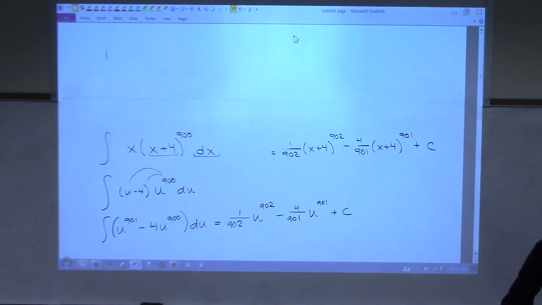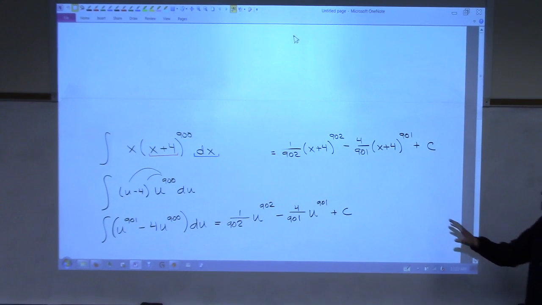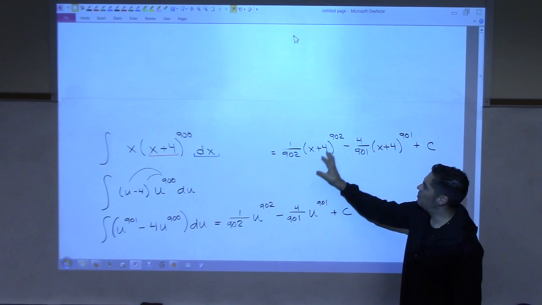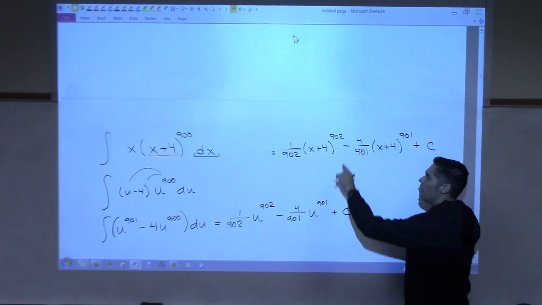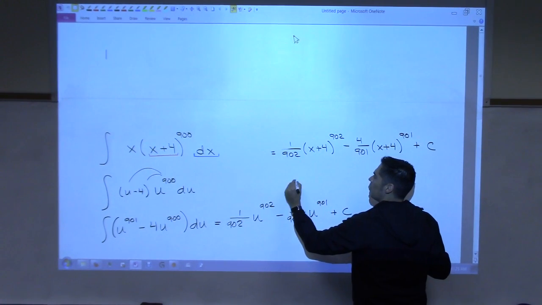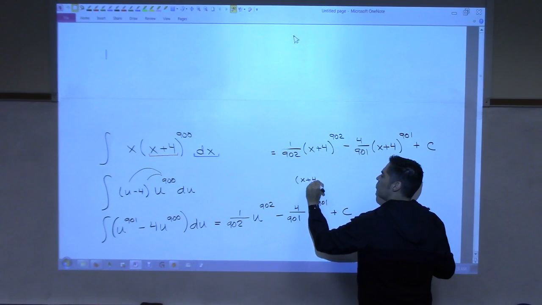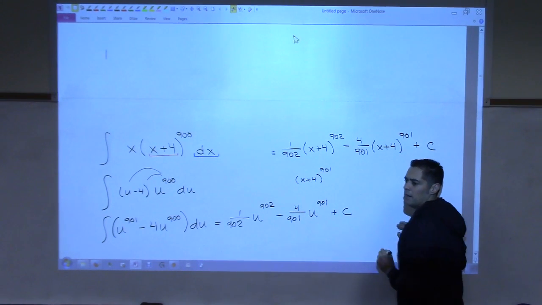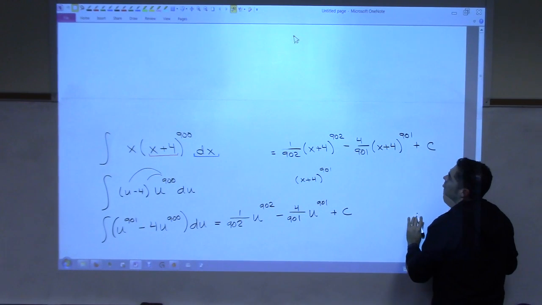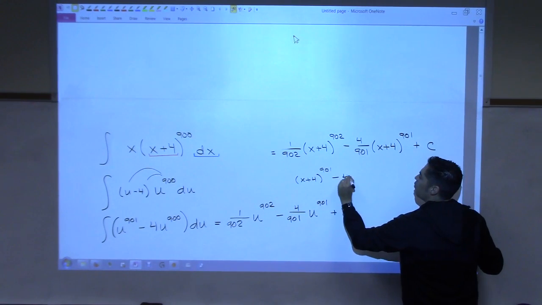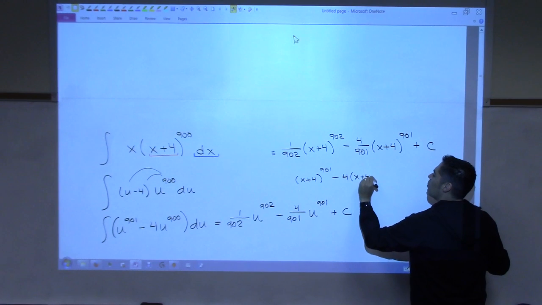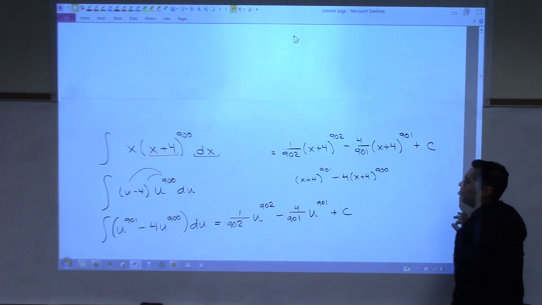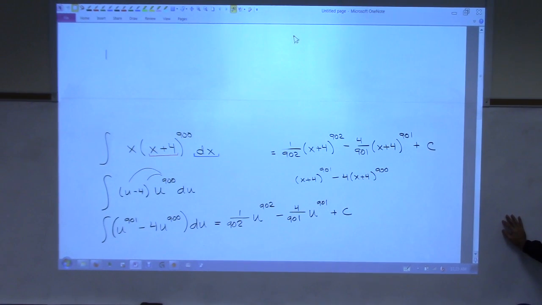I don't mind checking it. It's not going to be that bad. Take the derivative of this. Chain rule: 902 comes down, you get x plus 4 to the 901. Over here, 901 comes down, minus 4 times x plus 4 to the 900. Factor out an x plus 4 from each of those.